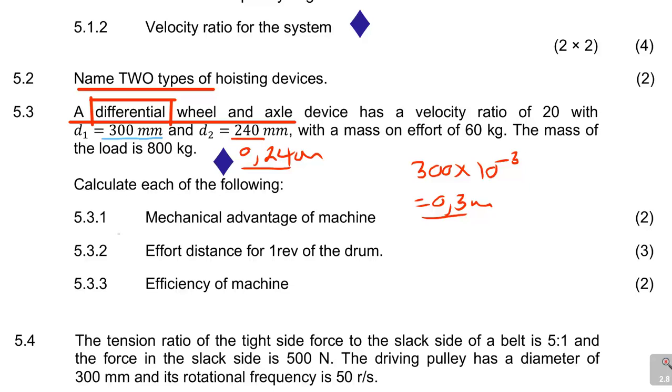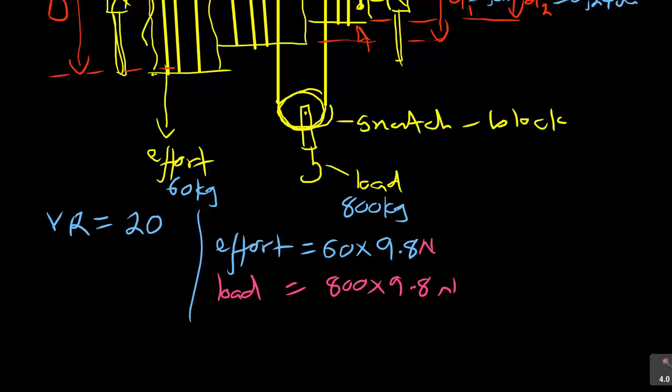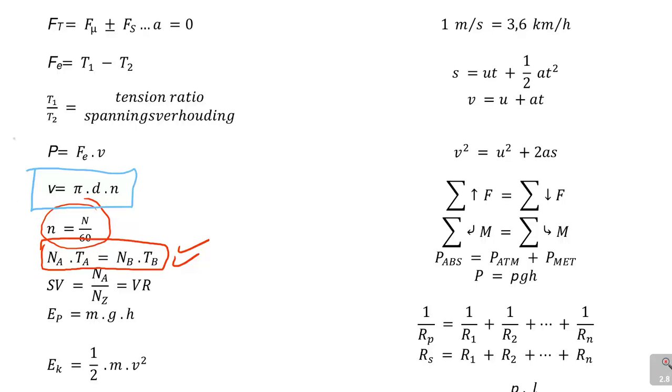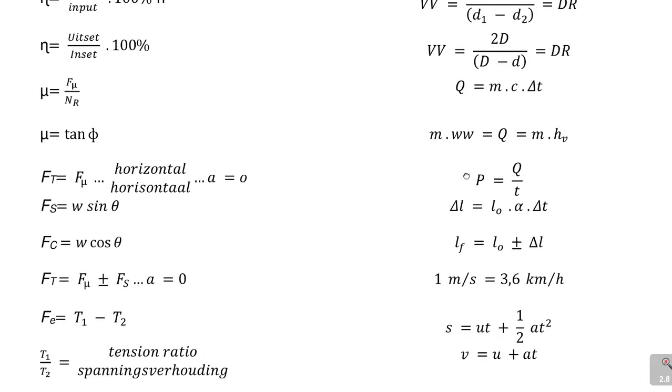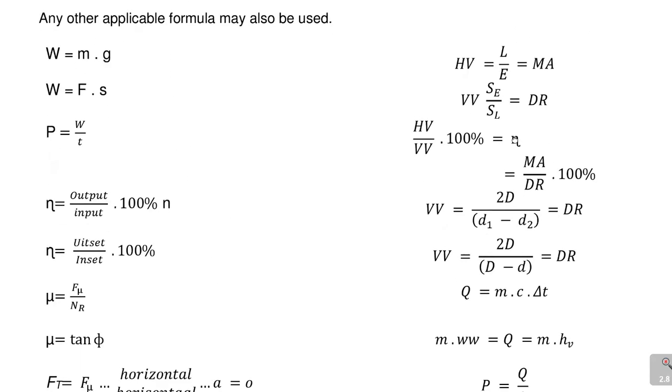Okay, so the first question is 5.3.1. We need to find the mechanical advantage of the machine. Now let's go to the formulas. If you look at the formulas, you find the formula for the mechanical advantage up there.